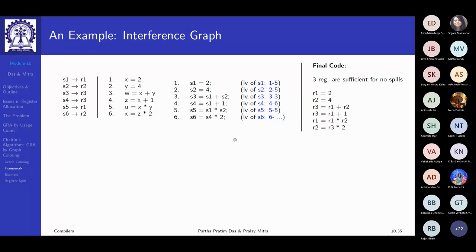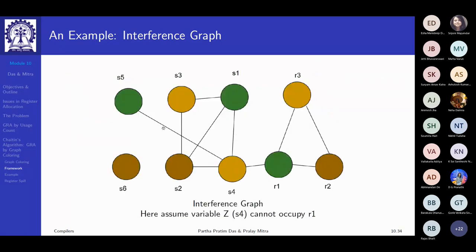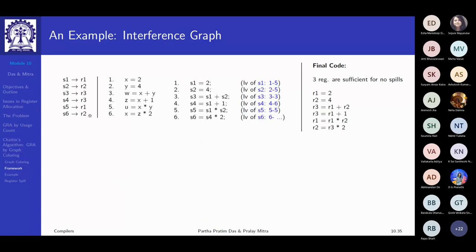I go back. So S1 is R1, S2 is R2, S3 is R3, S4 is R3 again, S5 is R1, and S6 is R2. So those are the mappings here, and this is the code I had.